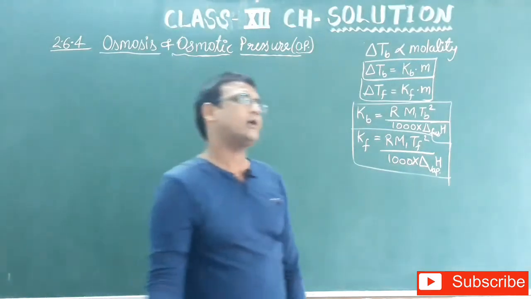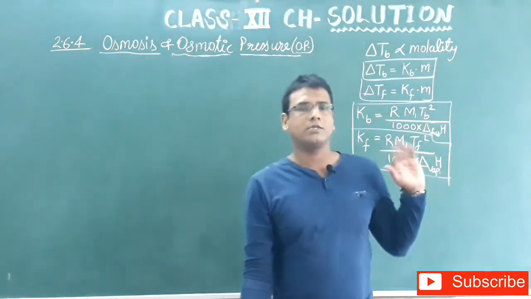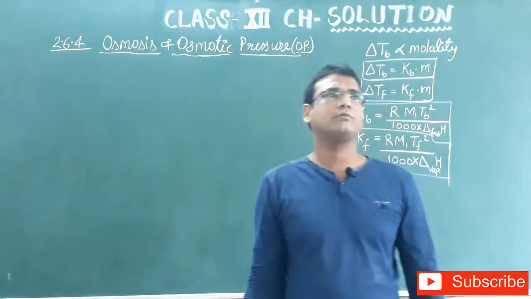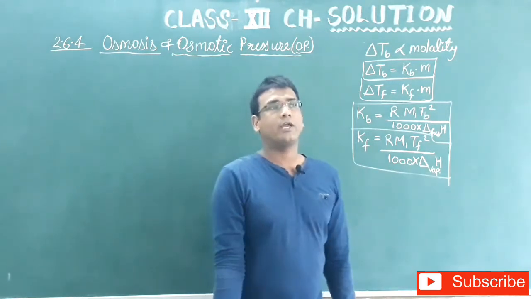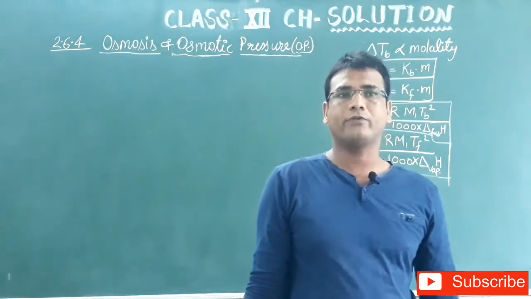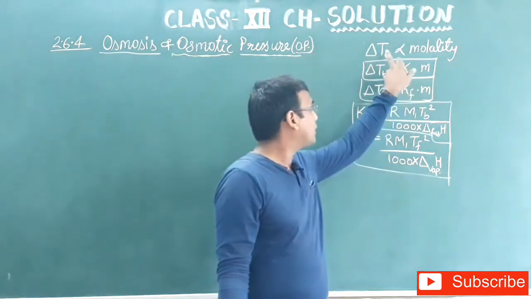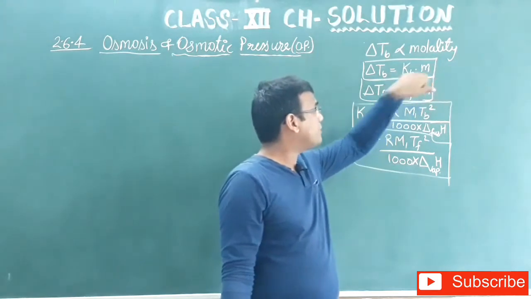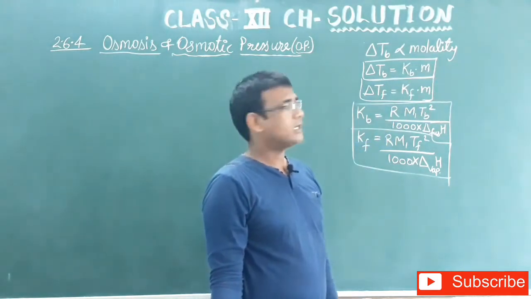Although no question has been asked on these two formulas in CBSE exams, CBSE is unpredictable, so you should be prepared for such questions. Suppose in a question delta TB and molality are given, Kb is not given, but the data for these formulas is given.